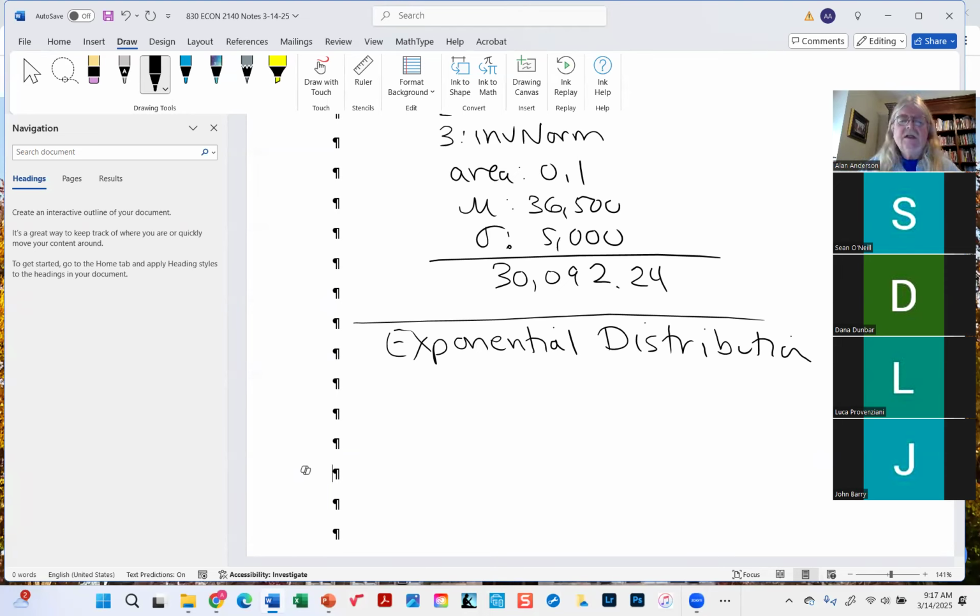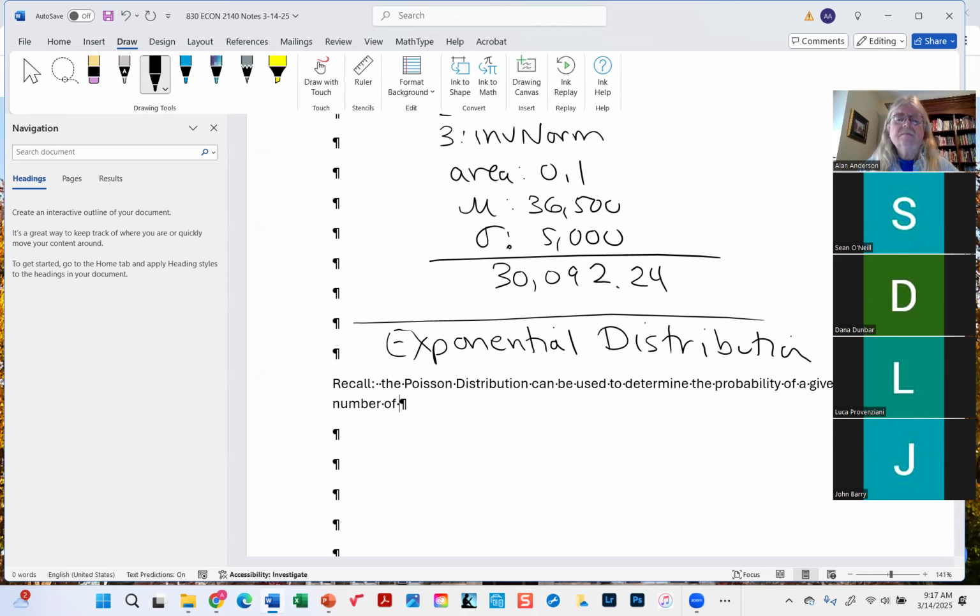If you remember, the Poisson distribution can be used to determine the probability of a given number of events occurring during a given time interval.